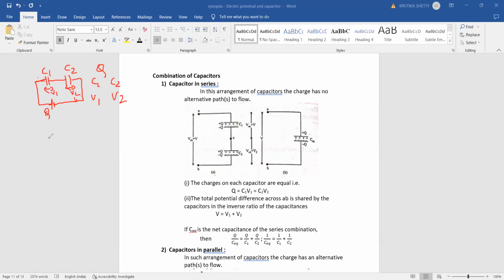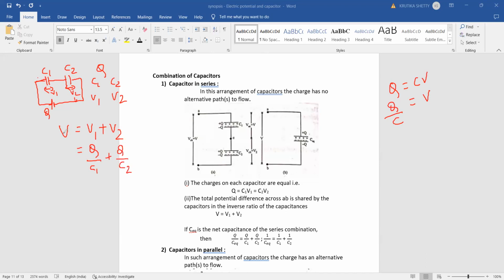Yes, so now the net potential is given by V is equal to V1 plus V2. So the net potential in the system is given by V1 plus V2. What is our expression? Our expression is Q is equal to C into V. Therefore, V is equal to Q divided by C. So therefore, you substitute, V1 becomes Q by C1 plus Q by C2.